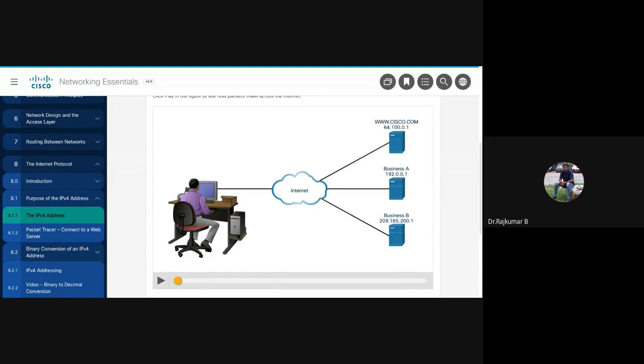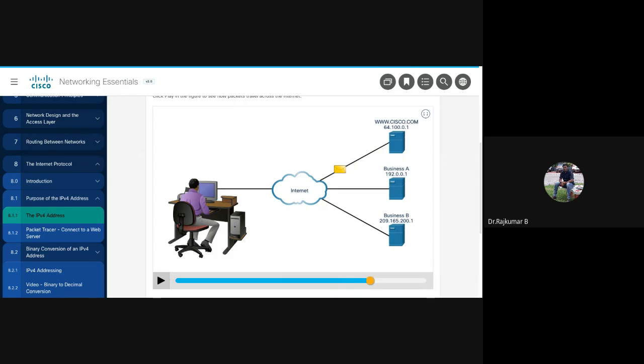See, the man is sitting at one corner and wants to send some packets to the cisco.com server. That packet goes from this end user via the internet to cisco.com. Just observe how it is going. The destination address is 64.100.0.1 for this message, which goes via the internet and reaches the server.